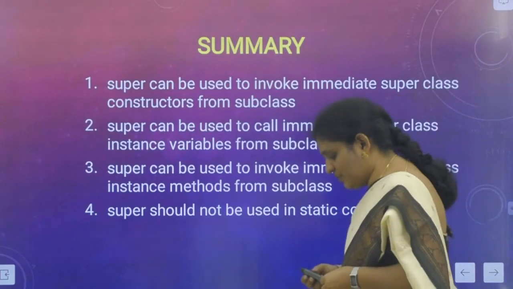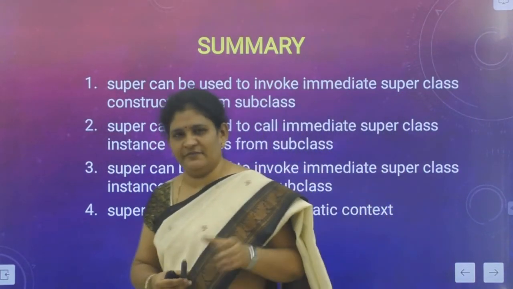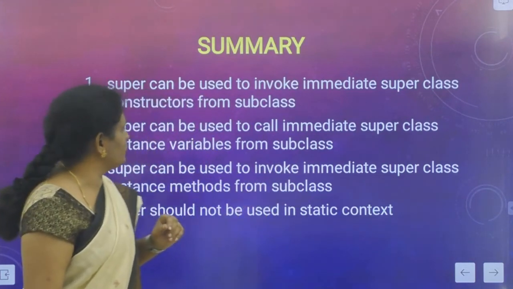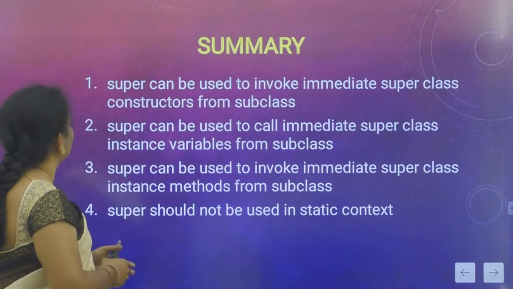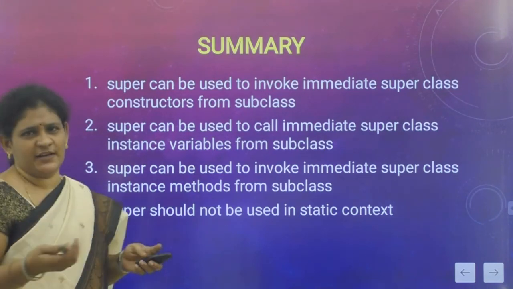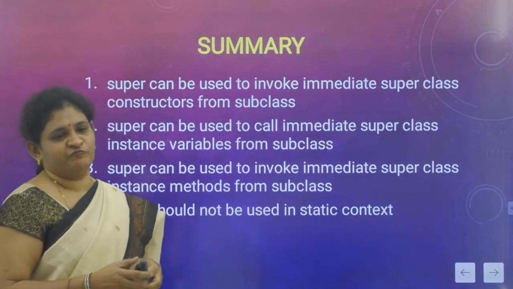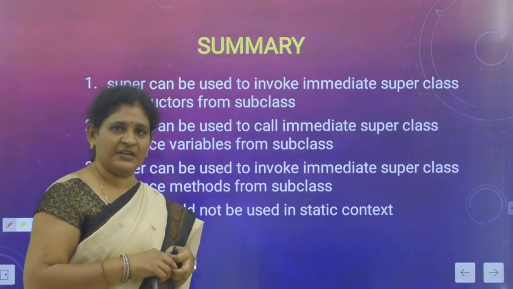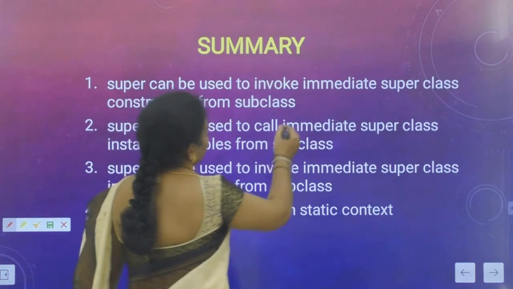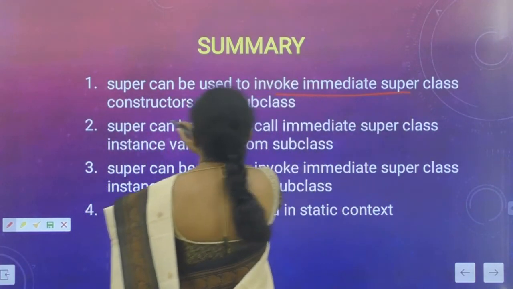So we are done with the super keyword. We'll be recapping what we have discussed in today's session. Super is a keyword, as we know. For what purposes do we use the super keyword? For three purposes. The first one is to invoke immediate superclass constructors.